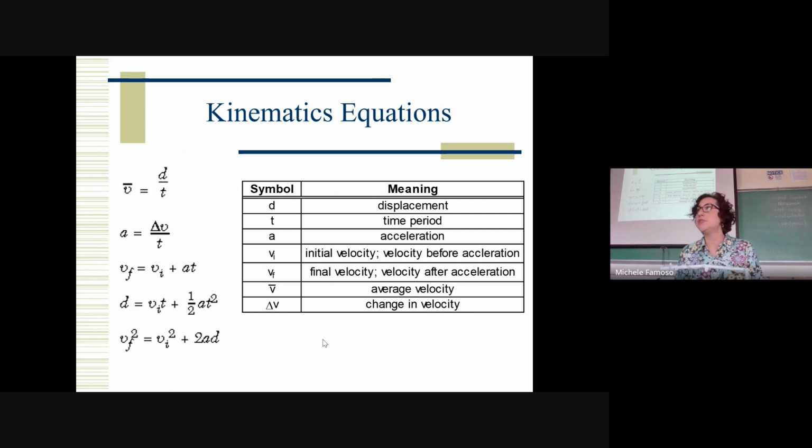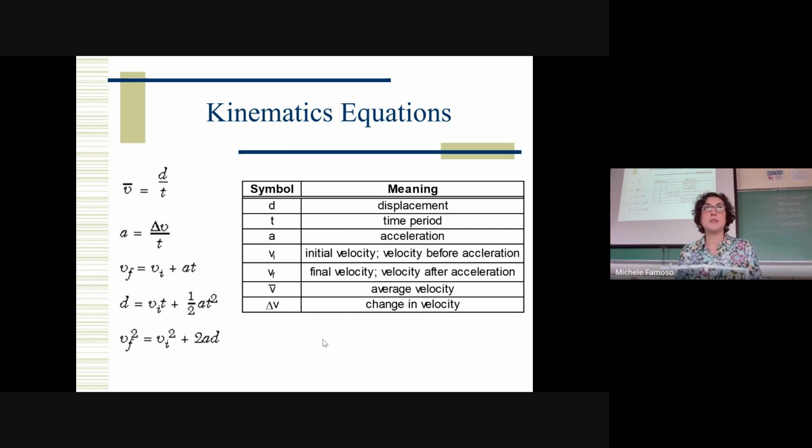VI stands for the initial velocity of the object, meaning the velocity of the object at the beginning of the time period in the question, before the object began to accelerate. VF, we added to our reference table, stands for the final velocity of the object, meaning the velocity of the object at the end of the time period after it has finished accelerating.